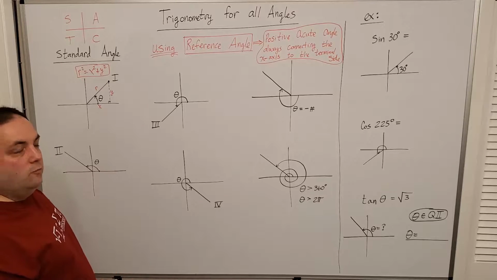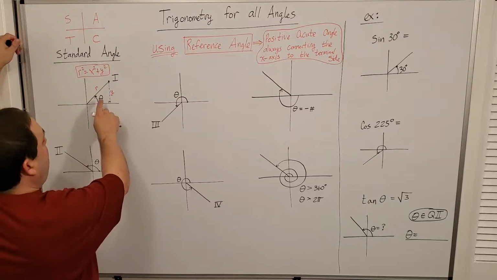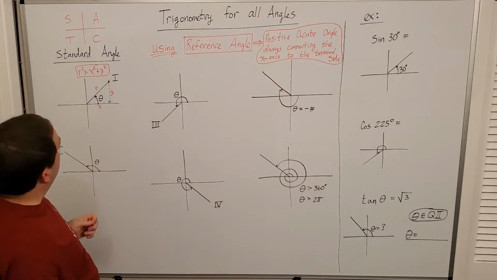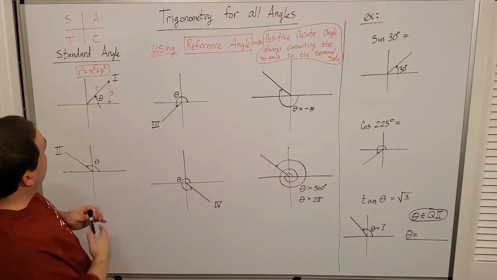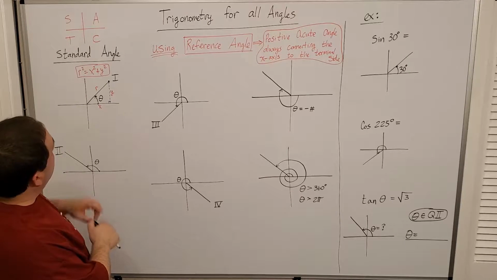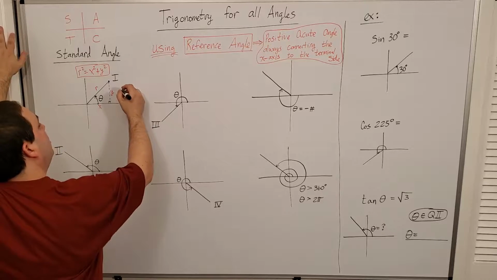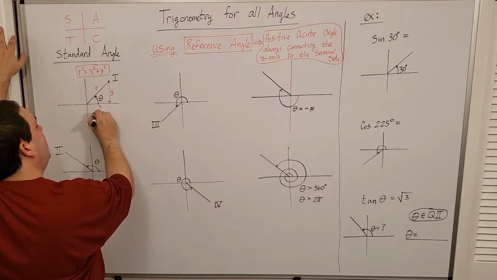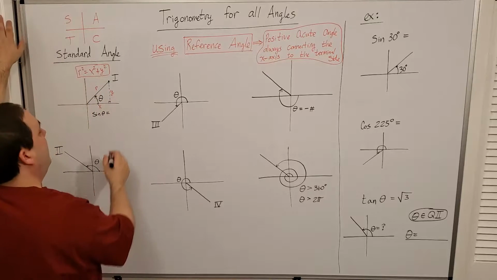Next, I'm going to go ahead and write down the definition that we need from here. In quadrant 1, as you can see, I would basically be just defining the sine, cosine, and tangent using the x, y, and r values. Okay? So the sine of theta is going to be y divided by r.